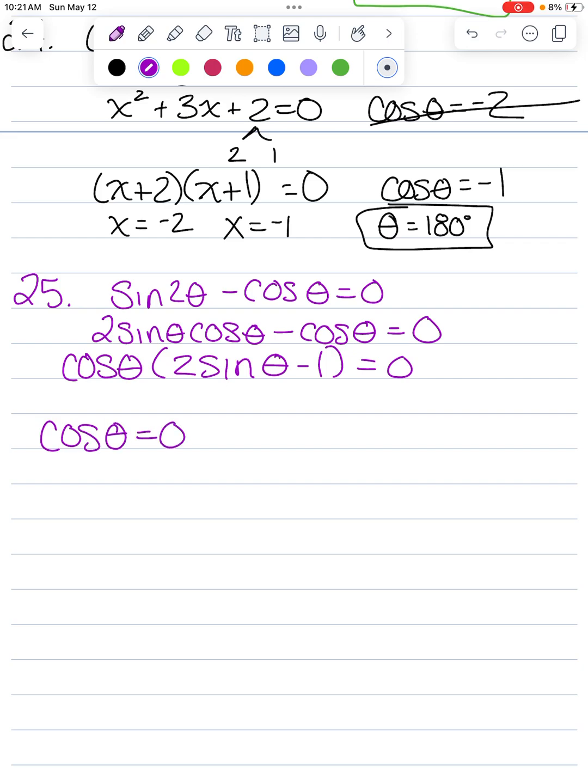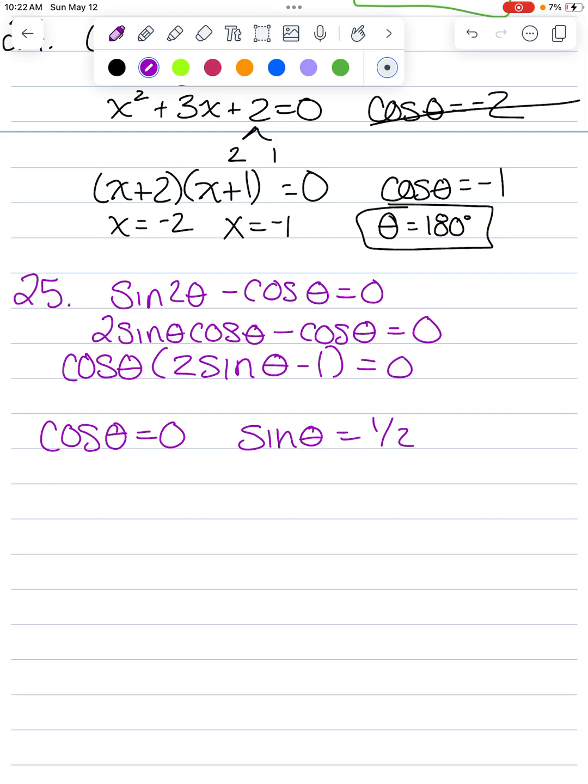First one gives me cosine of theta equals 0. Next one, 2 sine theta minus 1 equals 0, would give me, add 1, divide by 2, sine of theta is 1/2. Okay.